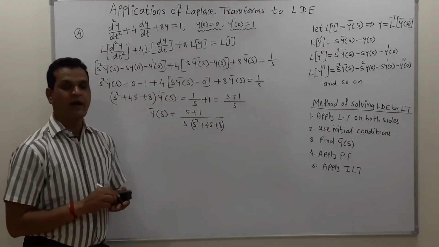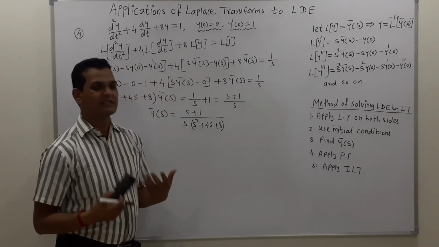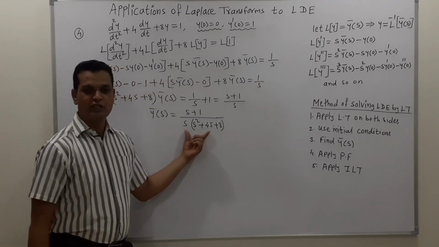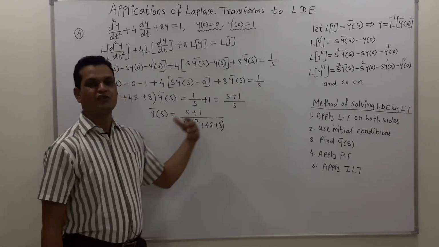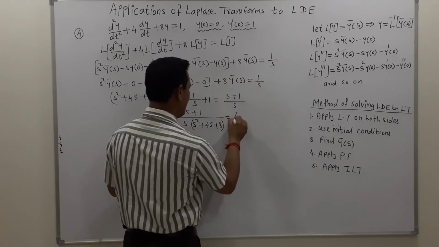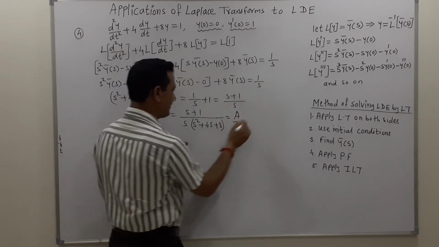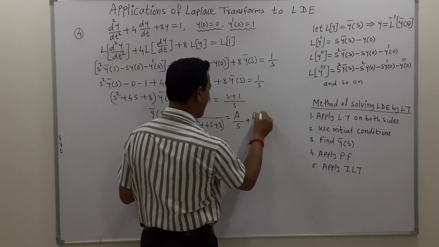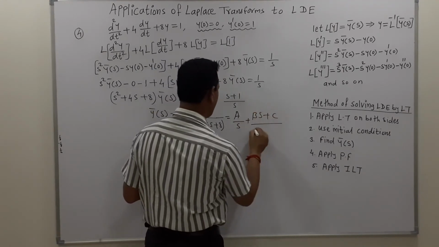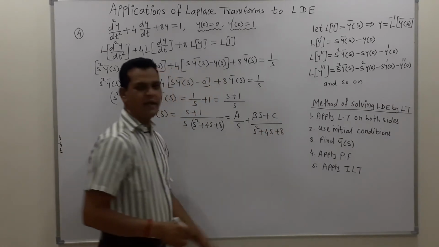Now the next step is to apply the concept of inverse Laplace transformation. But for applying inverse Laplace transformation, this expression is not in our standard form. So to get the standard form, apply partial fractions. These factors are non-repeated, so a upon s, and this is a quadratic factor, so we write bs plus c divided by s square plus 4s plus 8.